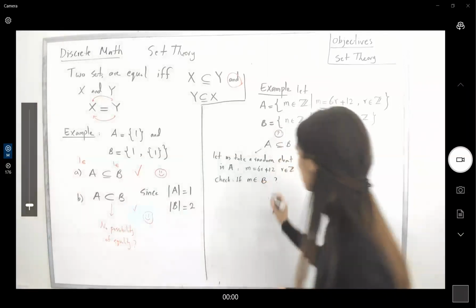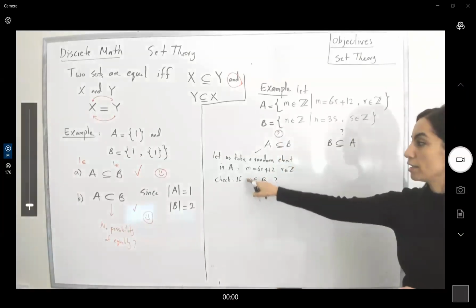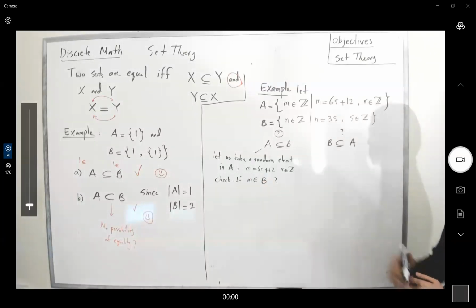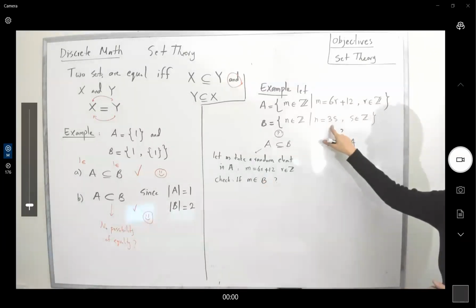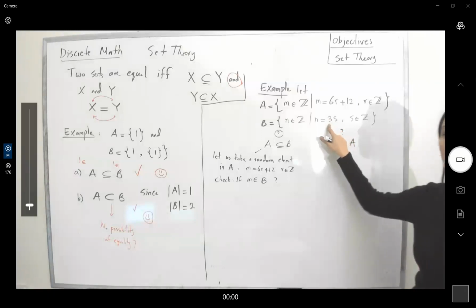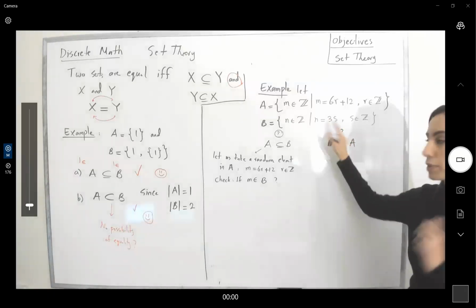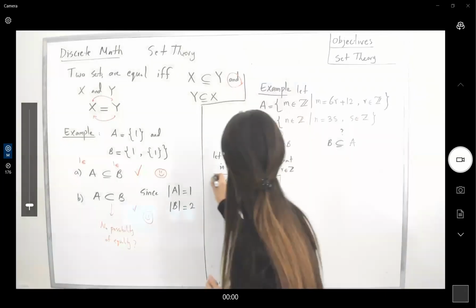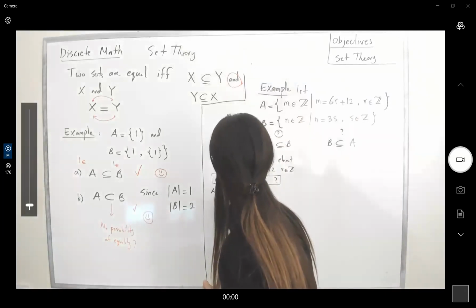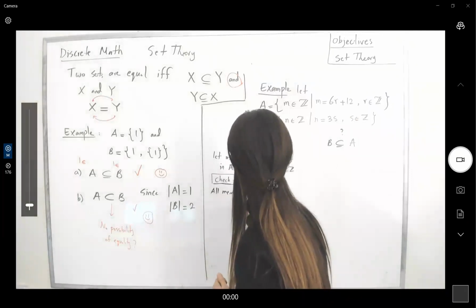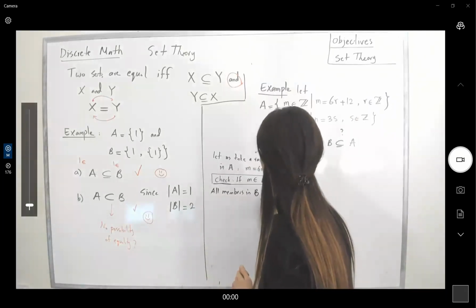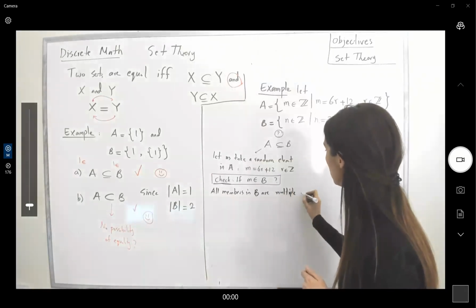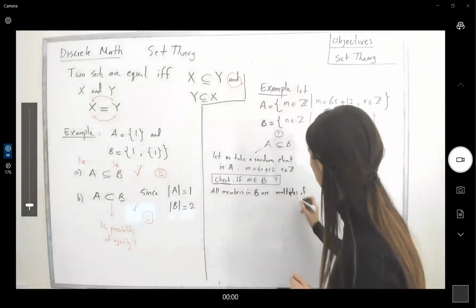This is our goal. We want to check to see if M is a member of B. Okay, take a look at the members of B. All members in B are multiples of 3.